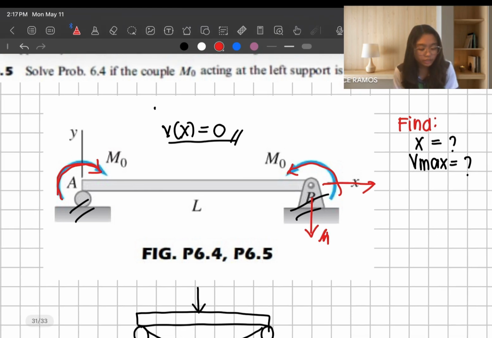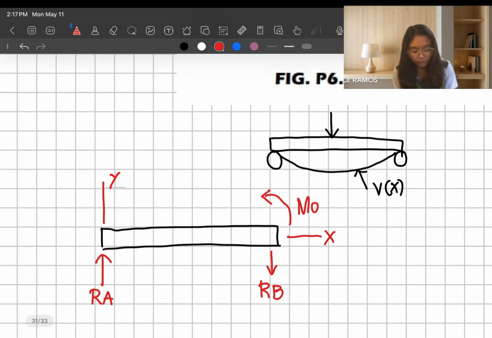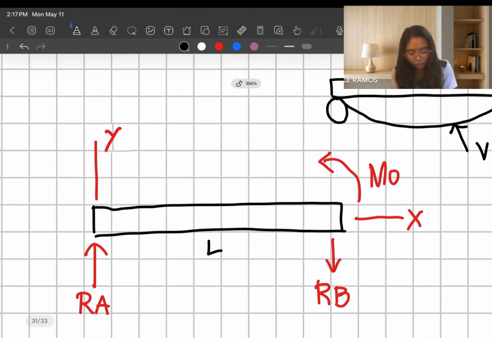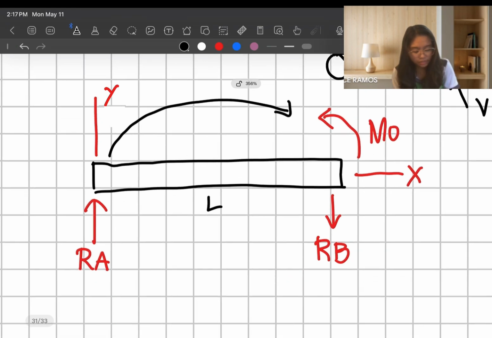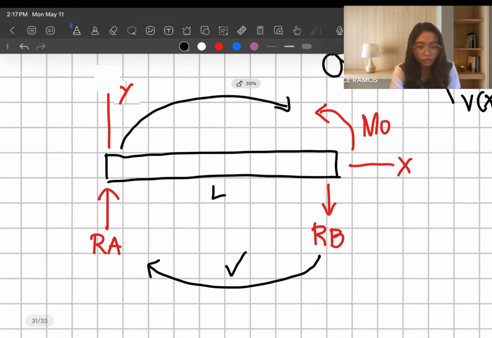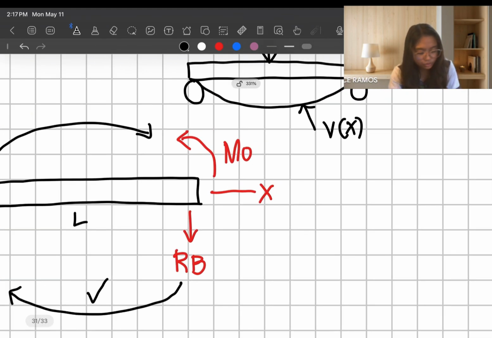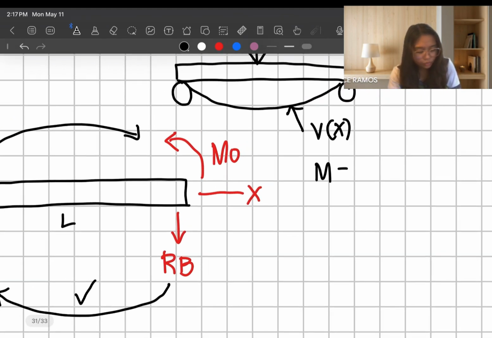So i-check natin yung ating FBD kung tama yung ating assumption. So, kapag inibo natin itong ating RA pataas, mag-move siya clockwise. Same as dito sa ating RB, pag inibo natin siya pababa, mag-move to clockwise. So, tama yung ating assumption. So, these two forces produced moment equals force times the distance.